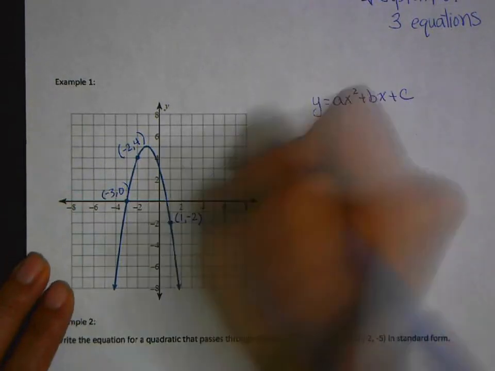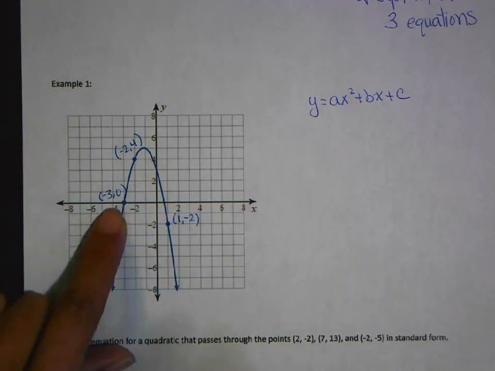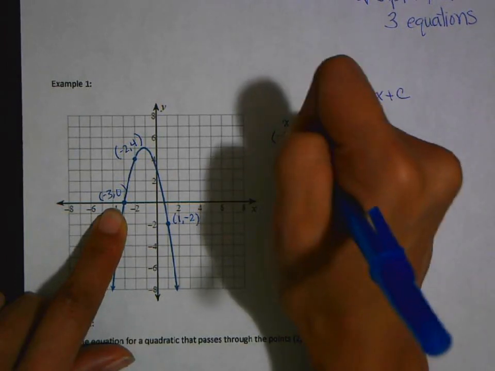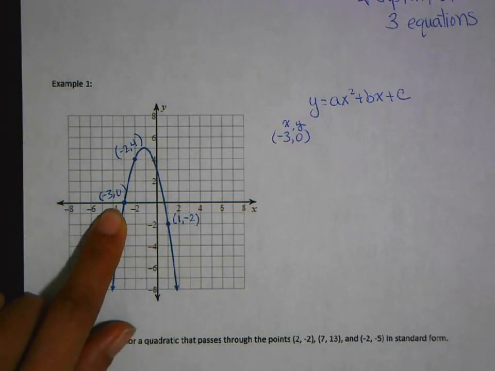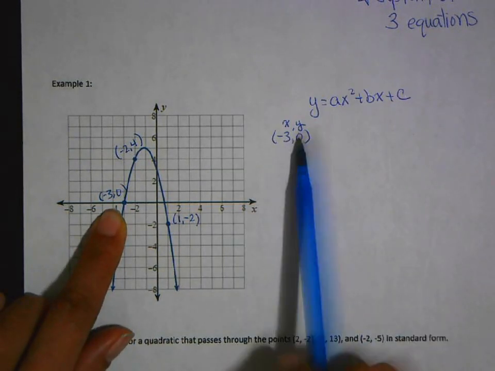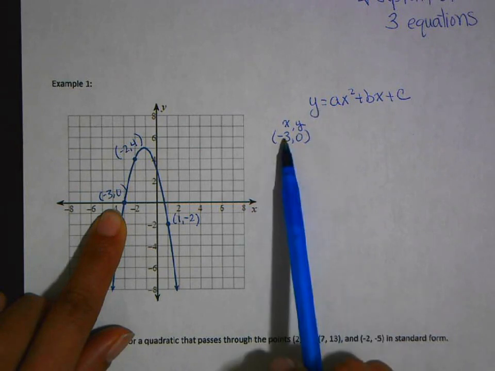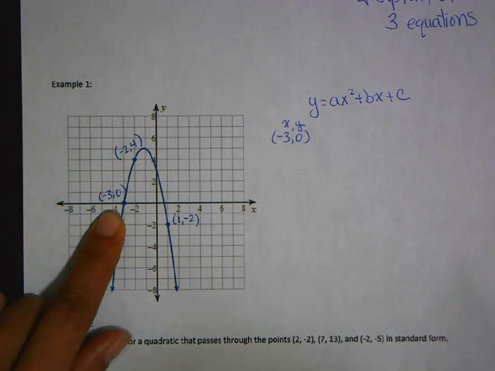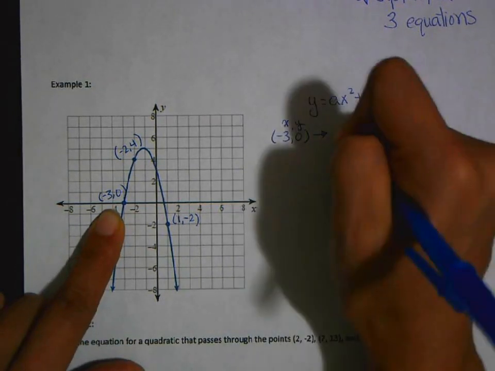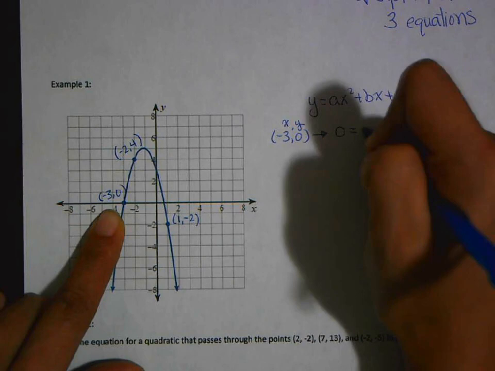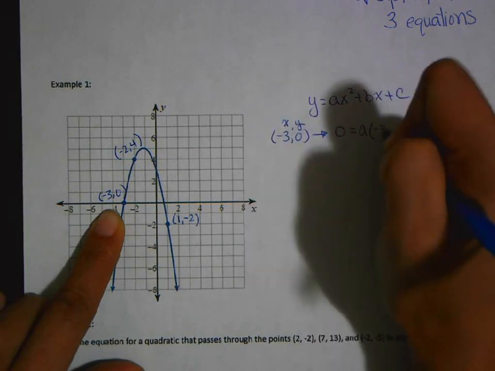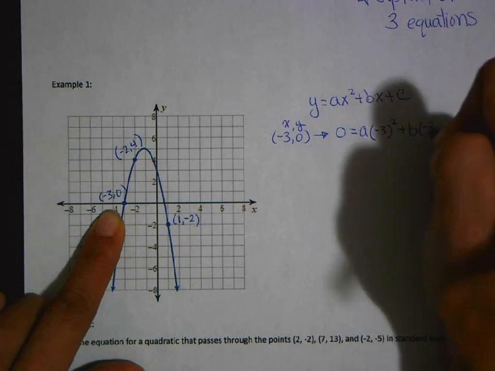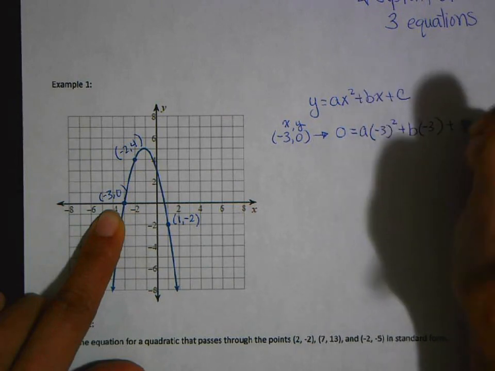For the first point that I have, let's start with this side, (-3, 0). That point's going to give me an x and a y. So what I'm going to do is take the y and plug it in here, and take this -3 for x and plug it into this x and this x. That leaves me with 0 equals a times (-3) squared plus b times (-3) plus c.